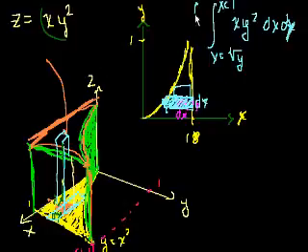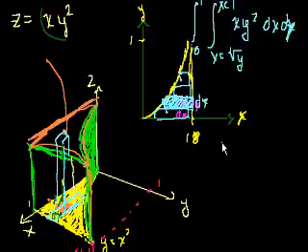So now, what is the lower bound on the y-axis if I'm summing up these rectangles? Well, the lower bound is y is equal to 0, right? So we're going to go from y is equal to 0 to what? What is the upper bound? It's y is equal to 1. And there you have it. Let me rewrite that integral.